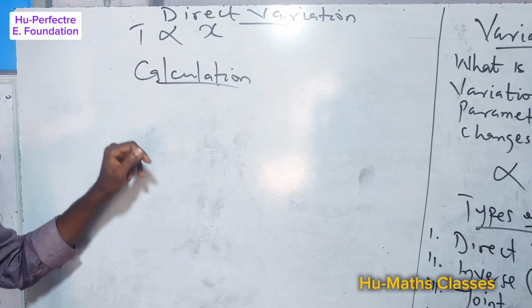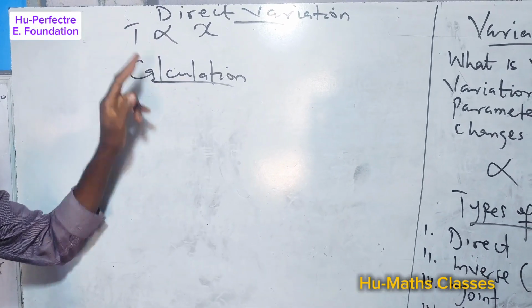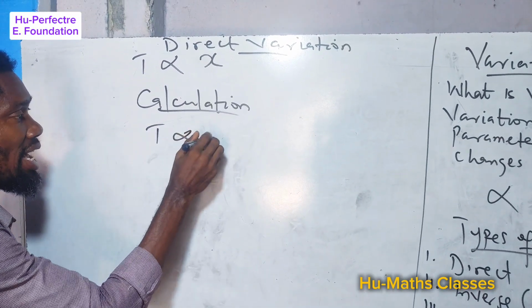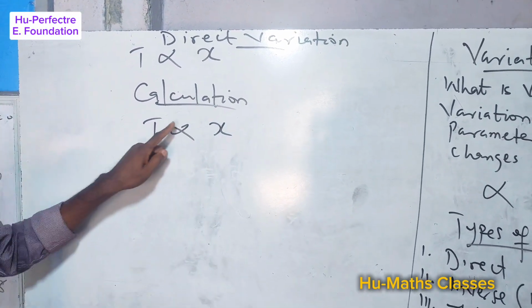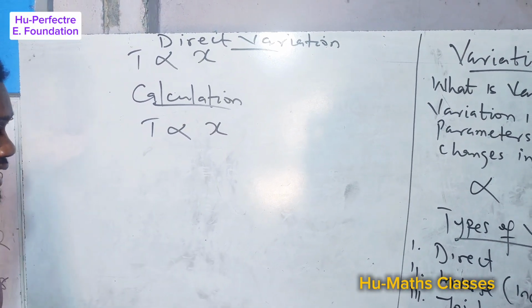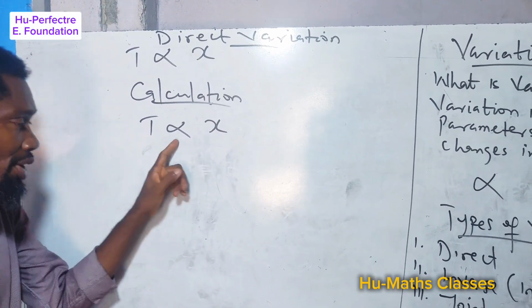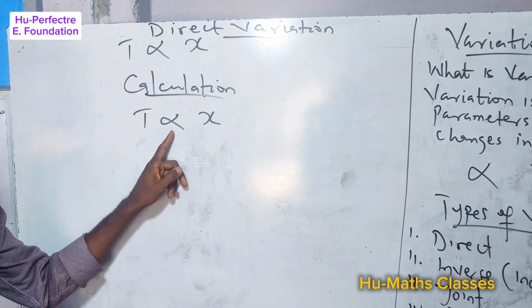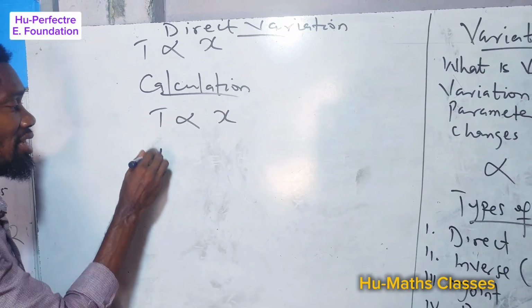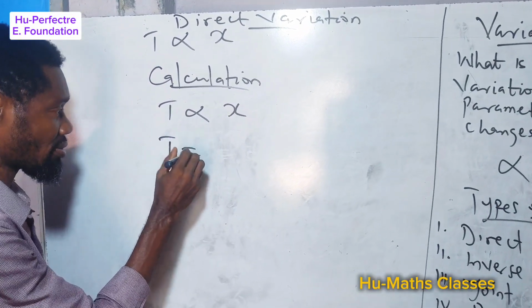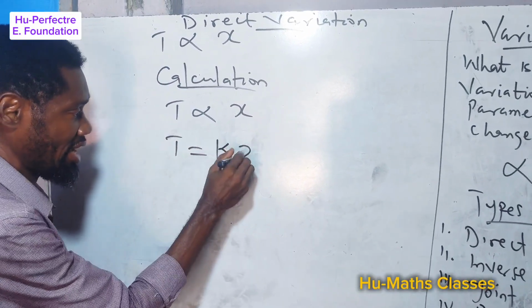To solve problems that involve direct variation, when we have t varies directly with x, we need to remove the variation sign and introduce a constant of proportionality. If you do that, we'll have t is equal to, I'm going to use k, t = kx.